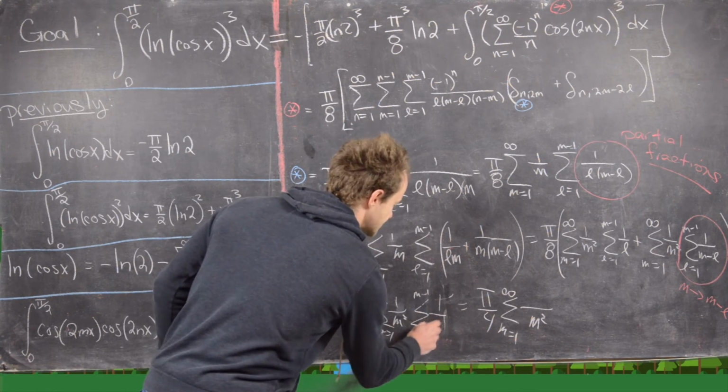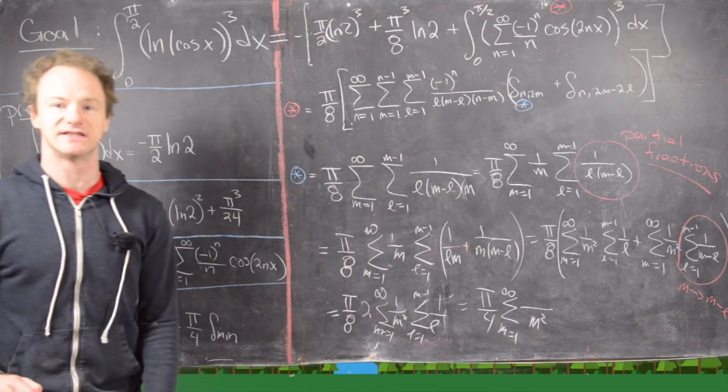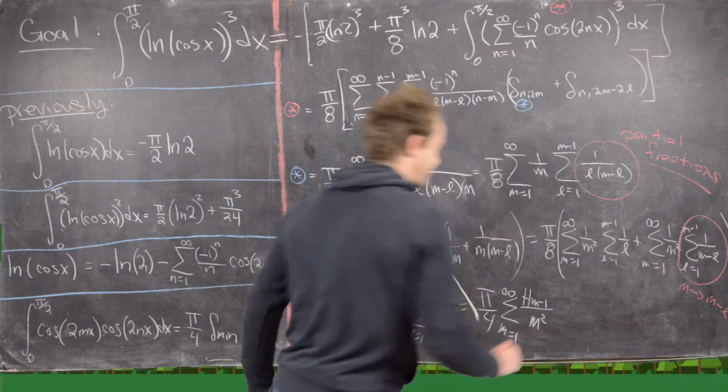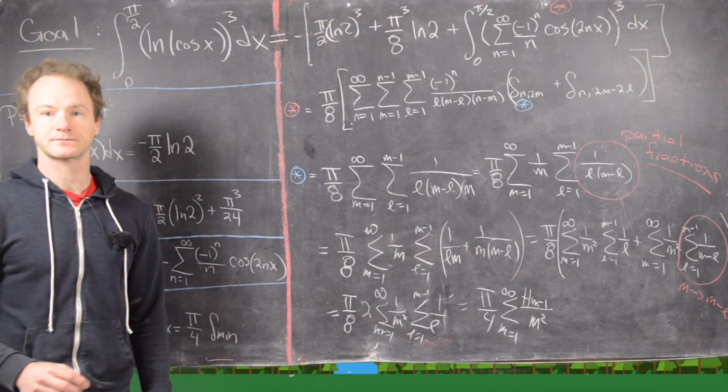Whenever you take this partial sum of the harmonic series, that's known as a harmonic number. So this is the m minus first harmonic number.